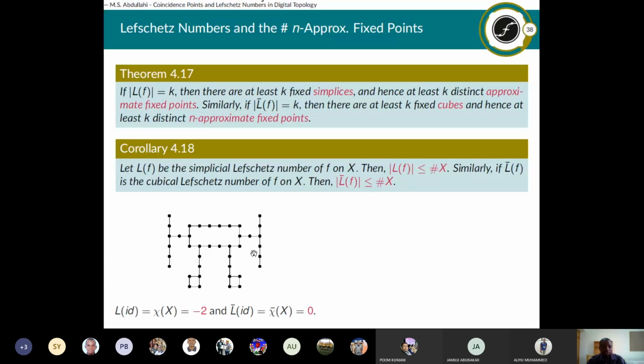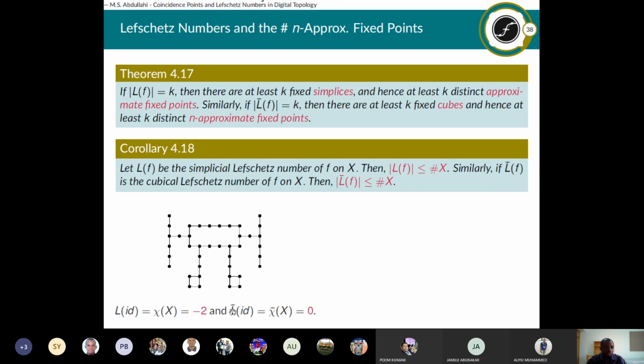Now consider this example. If we consider the identity mapping on this, we know the Lefschetz number of the identity would just be the Euler characteristic of the set X. If we do the calculation, we end up having -2.